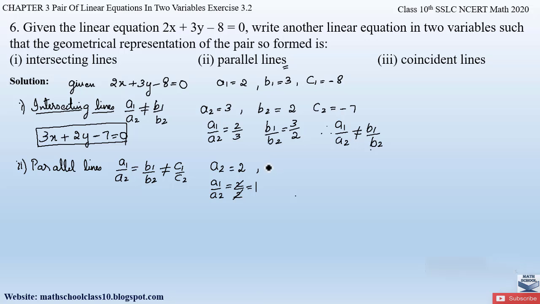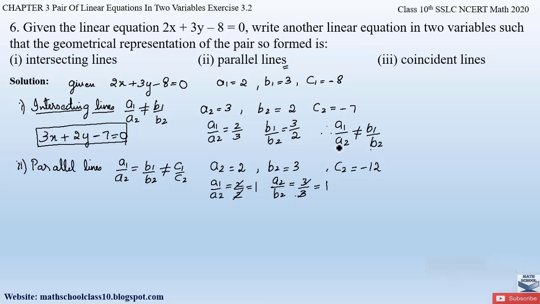Similarly, let us take the b2 value equal to b1, okay? So that again b1 by b2 will be 3 by 3, cancelling we get 1. So here the a1 by a2 and b1 by b2 values will be equal. And now let us take c2 to be anything, like let us take minus 12.